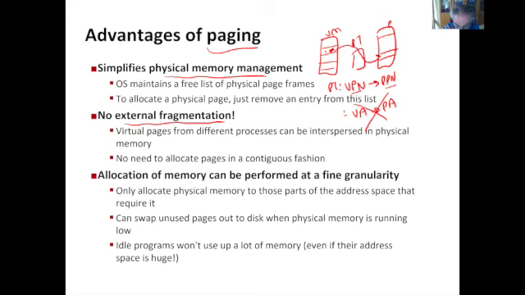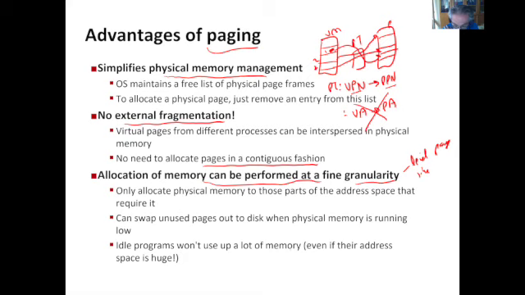We don't need to allocate pages in a contiguous fashion. In my virtual memory, maybe I have pages 1 and 2 contiguous, but they may be mapped onto different regions in the physical memory. And allocation can be performed at a defined granularity, at the level of page size, and this is nice.